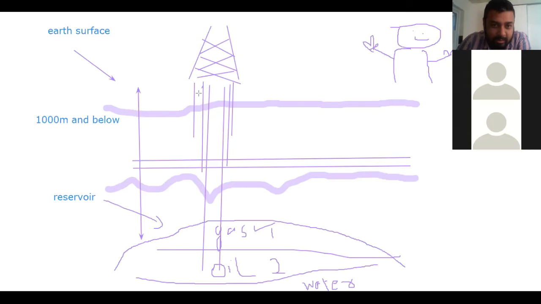One is something like this. Okay, now we have a very clear well, a hole that is connecting to this oil, and then later on this oil will flow. Now this oil will flow in this direction.